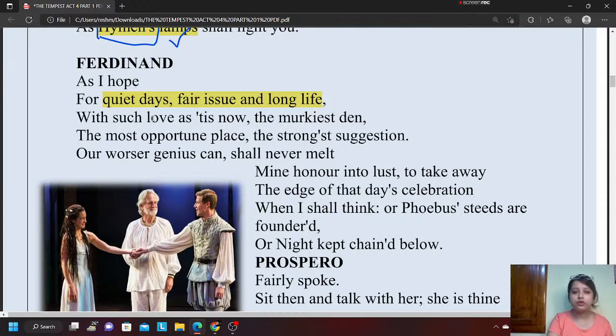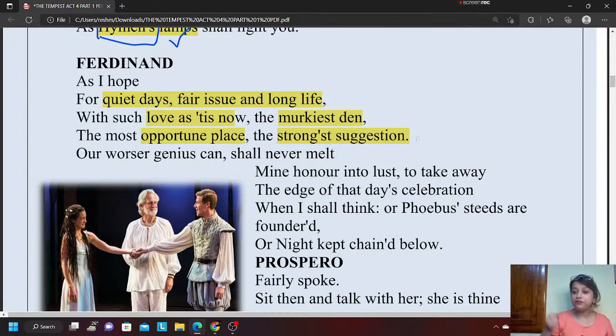So my love for Miranda is such that the murkiest den, murkiest means the darkest den, okay, even the darkest places, and even if I get the most opportune place, that means even if it is the best place for coming very close to Miranda, having physical relation with her, the strongest suggestion, even if I am suggested, even if you know our conscience, there is a bad conscience also, the devil in us.